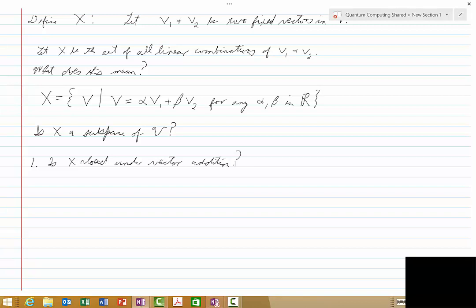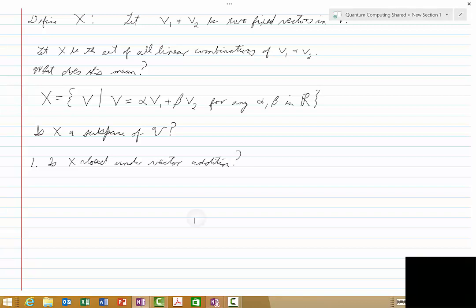So the first one is closure under vector addition, and the way we test that is as follows. Remember, we'll pick any two vectors in X, and if we can pick any two vectors in X and the sum of those two vectors is also in X, then we say that X is closed under vector addition.